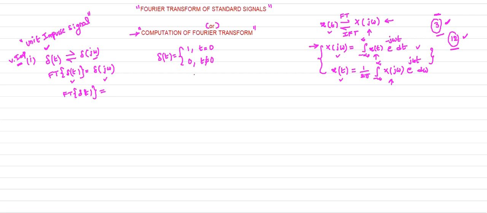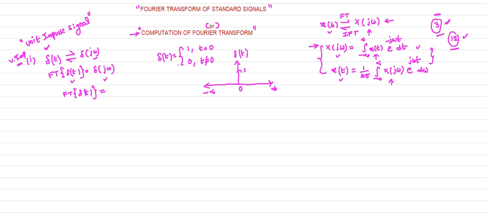This is your unit impulse function. I already told you this in the classification of standard signals. So this is your delta of t: its value is 1 at time t equal to 0, and other than time t equal to 0, its value is 0.